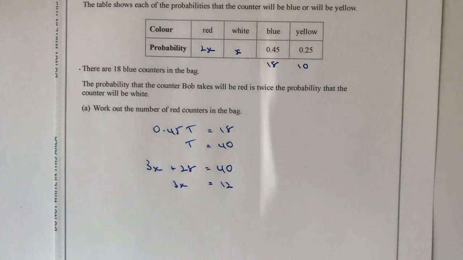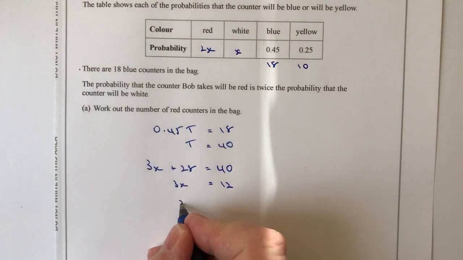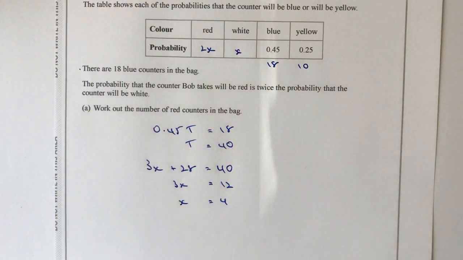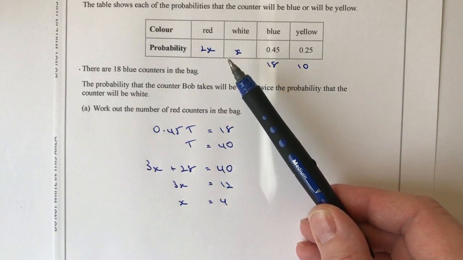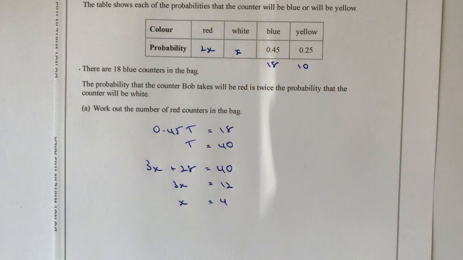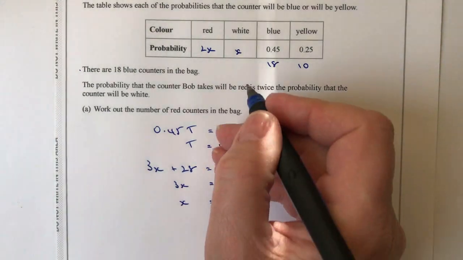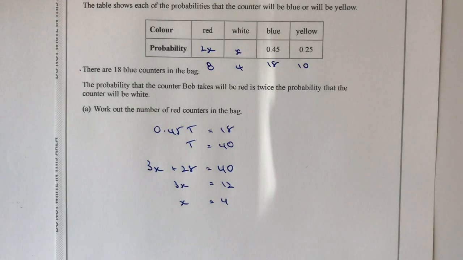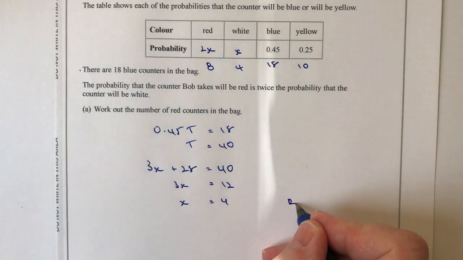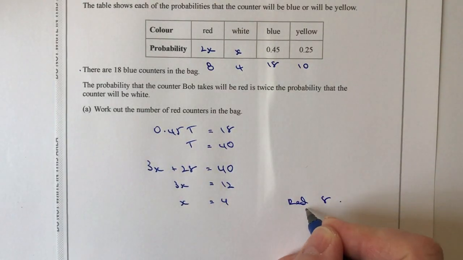Divide through by 3 and I get x equals 4. So what this is telling me is the number of white counters must be 4 and the number of red counters must be double that, which is 8. So this will be 4 and this will be 8. To answer the question, the number of red counters will be 8.